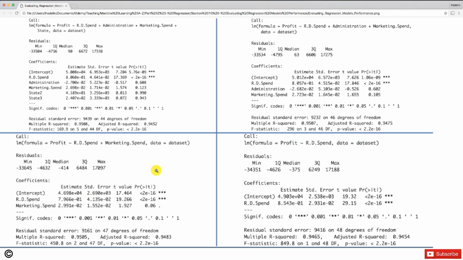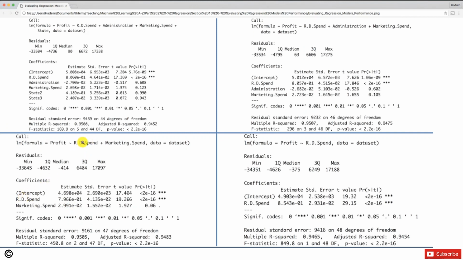The last thing that I wanted to mention here is that you can see that every time we run a model, the coefficients change. So what that is telling us is that coefficients actually only talk about the additional effect of every single variable, given that the other variables are already in place.